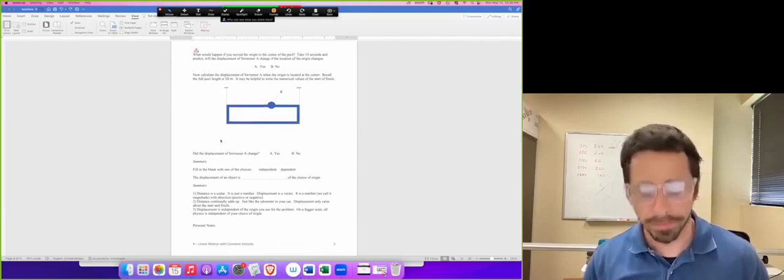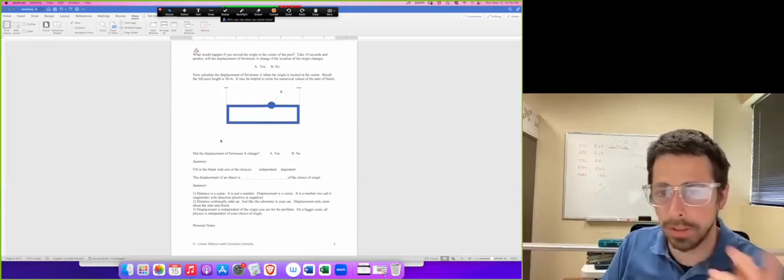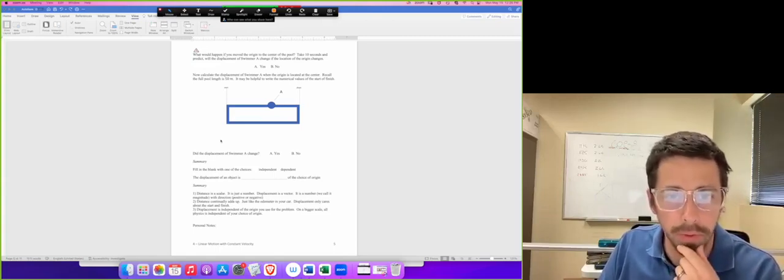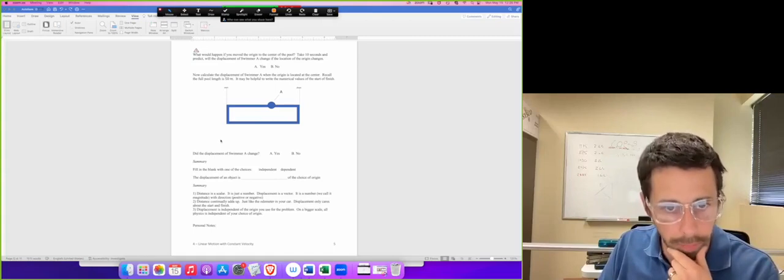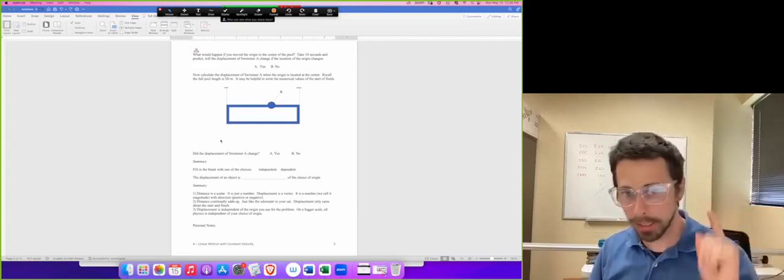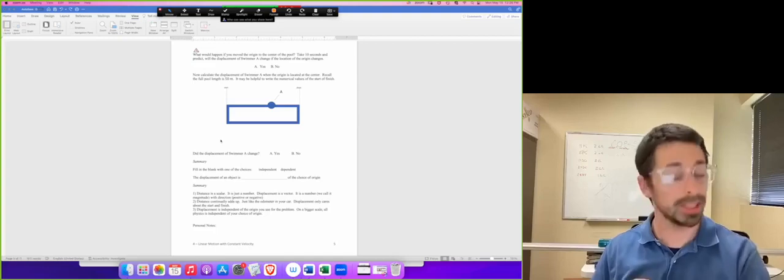How about this one? Give it a try. What would happen if you move the origin to the center of the pool? Take a guess. Now that you've done that, actually calculate it. When you've given it a try, that's really important.